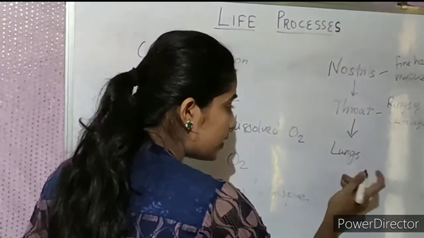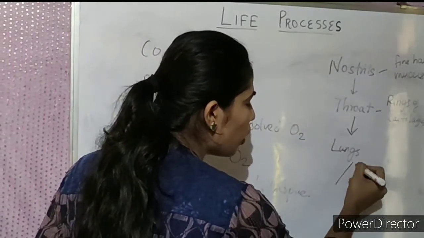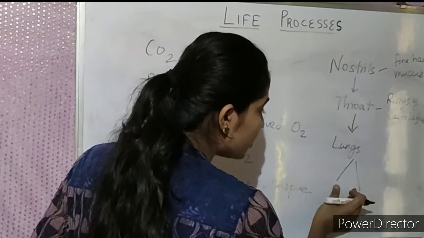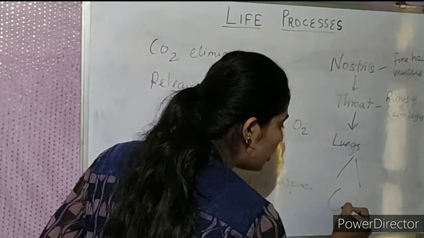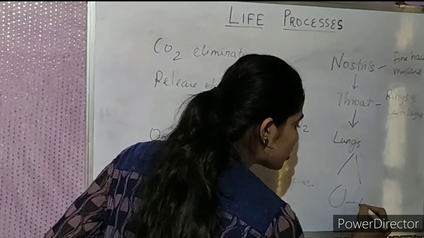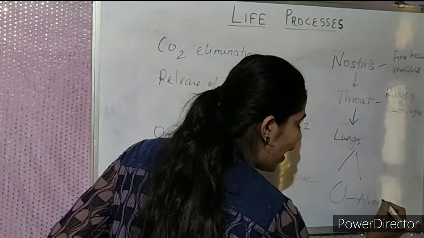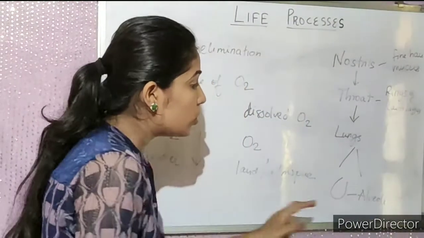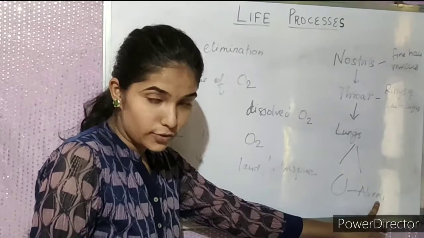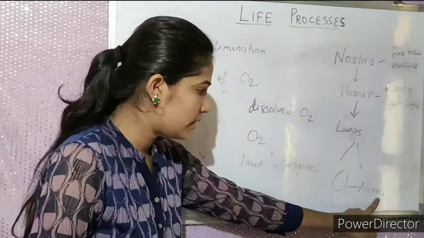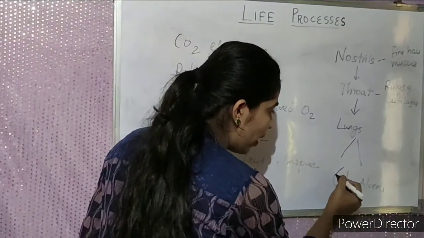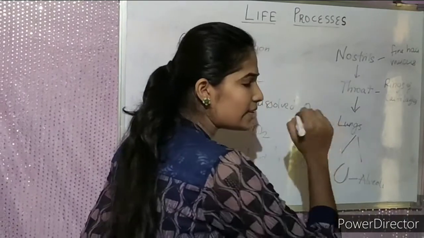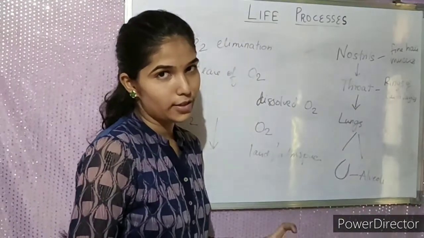Within the lungs, the passage divides into smaller and smaller tubes, which then terminate into balloon-like structures called alveoli. Alveoli provide a surface for the exchange of gases, and the wall of the alveoli is provided with an extensive network of blood vessels.